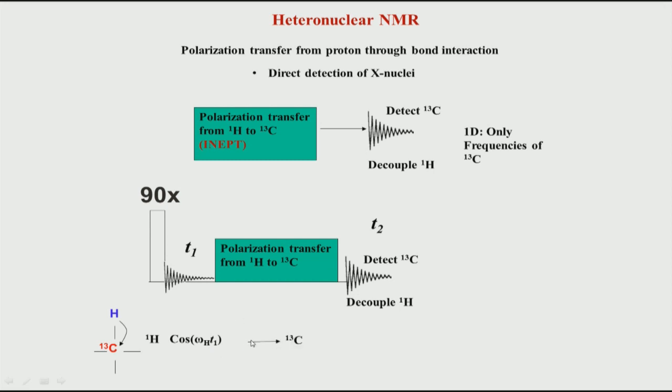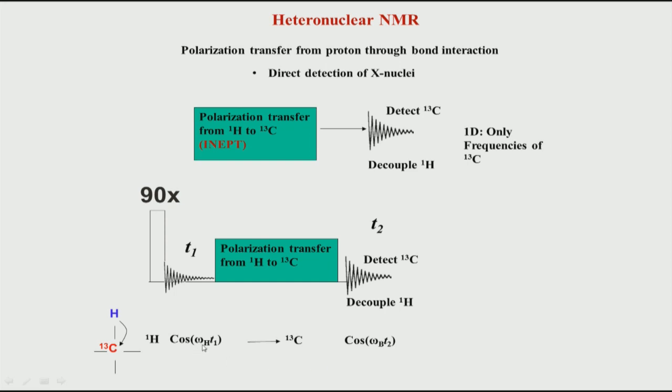Then we transfer the polarization to C13, which detects the chemical shift of carbon, which I will call omega C or omega B, B being the second nucleus. Okay. So, this is how we get the transfer, and now my FID finally will be a combination of this FID and this FID.